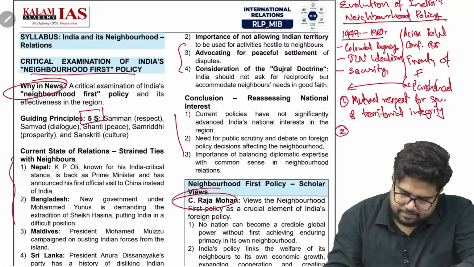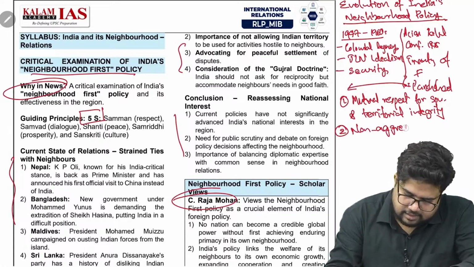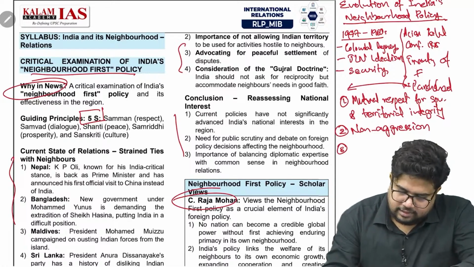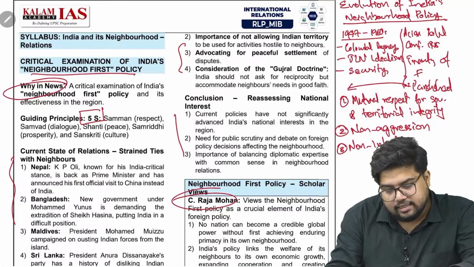Second point, non-aggression. What is the third point? That is non-interference. Non-interference in what? In each other's internal affairs.